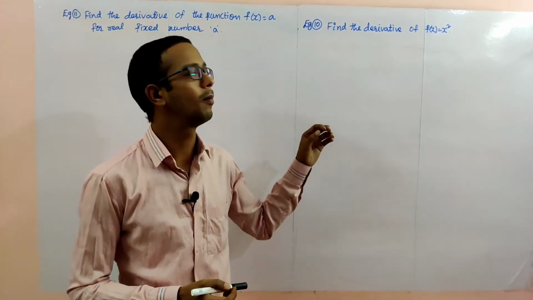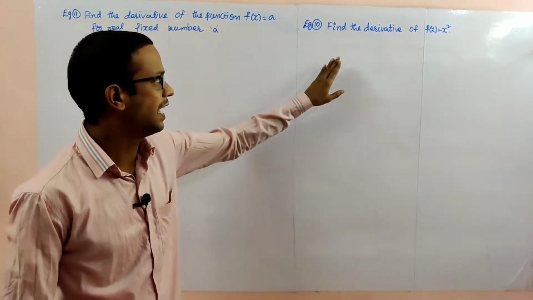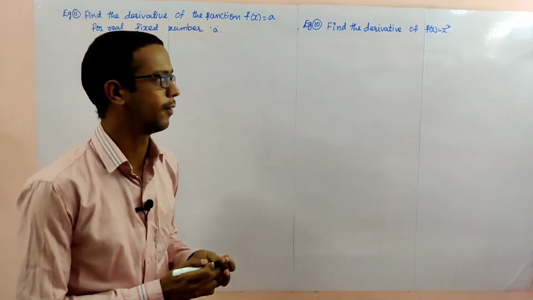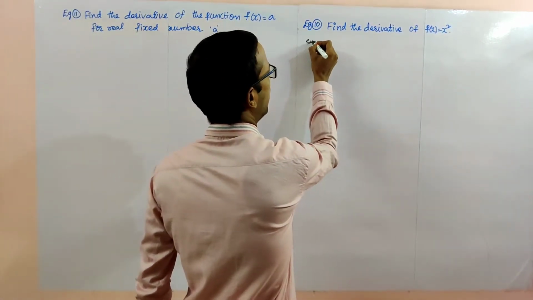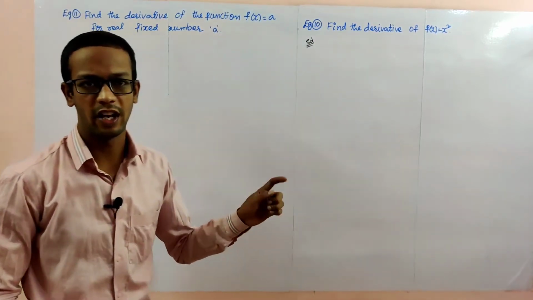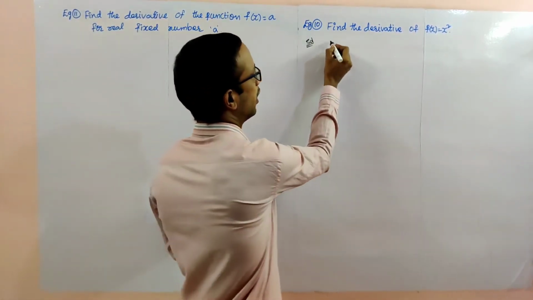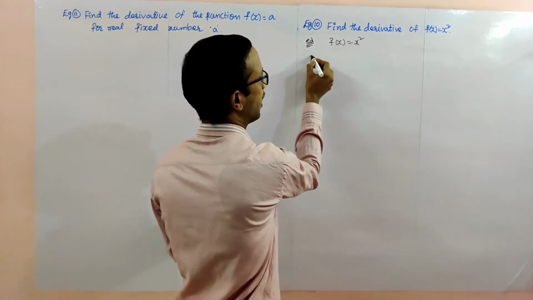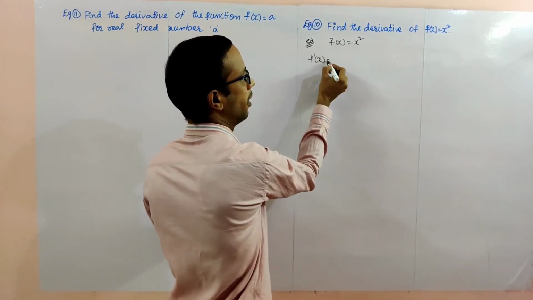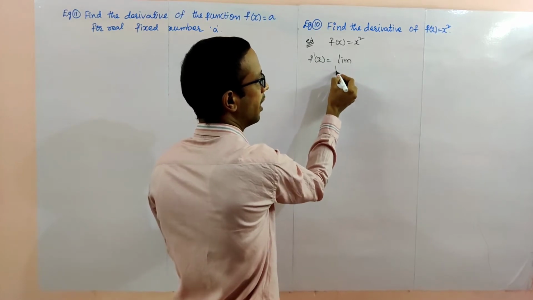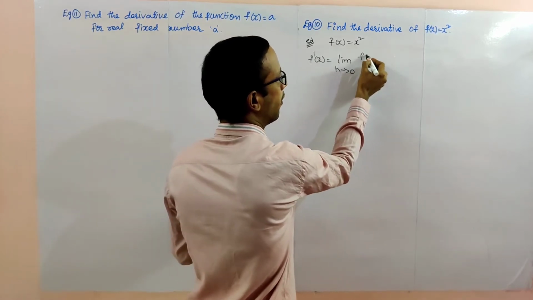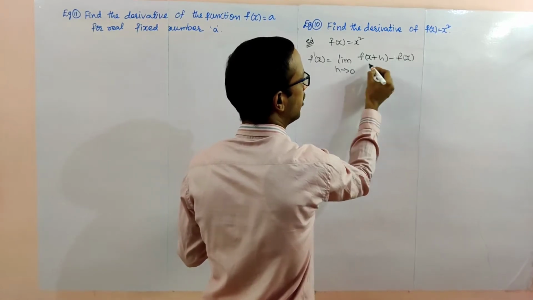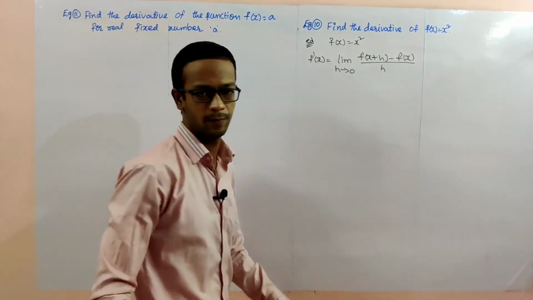Next, problem number 10. Find the derivative of f of x equal to x square. Same method, the first principle of derivative we have to use here. Given f of x equal to x square. First I'll write the formula: f dash of x is equal to limit h tends to 0, f of x plus h minus f of x divided by h.